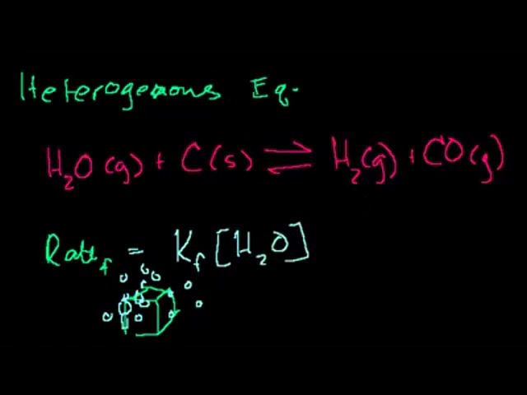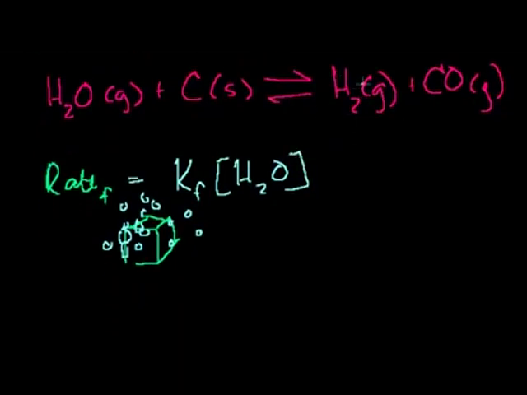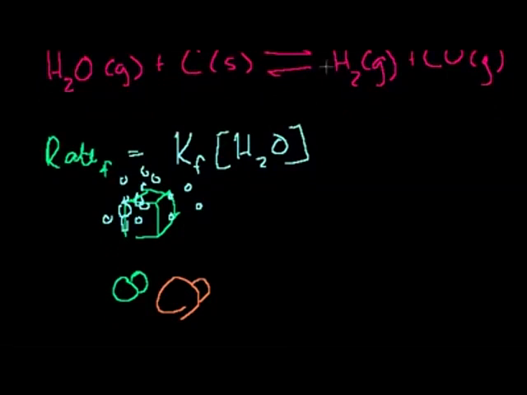And of course the backwards rate, so you need to get some H2, some molecules of this. Let me draw it like that because it has two hydrogen atoms, and then plus a carbon dioxide. So maybe carbon dioxide looks like that. So the reverse rate is going to be equal to some constant times the probability of finding both of these molecules in the same place.